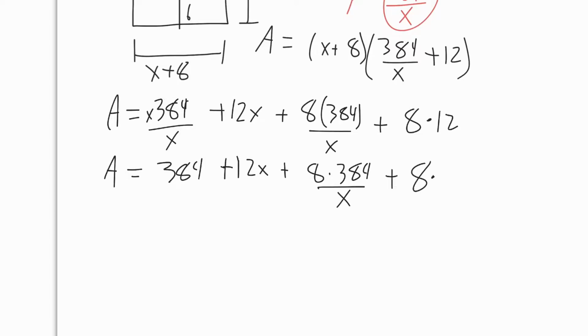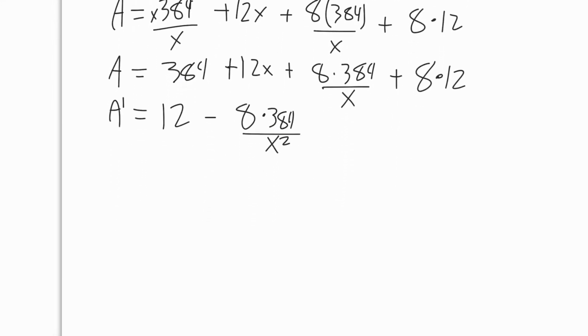And I'm actually not going to do the multiplication here because you might know 8 times 12, but you actually don't need to. Because when we do the derivative, 8 times 12 is a constant, and it's just going to disappear. So I'm not going to bother multiplying this out or combining it with the 384, because I'm doing calculus now, and those are gone. So I just get A prime equals 12 minus 8 times 384 over x squared.